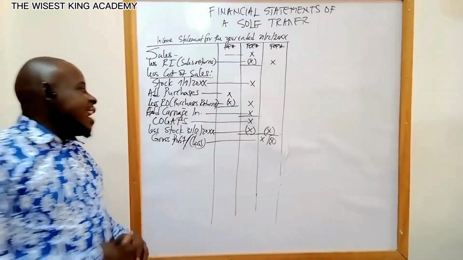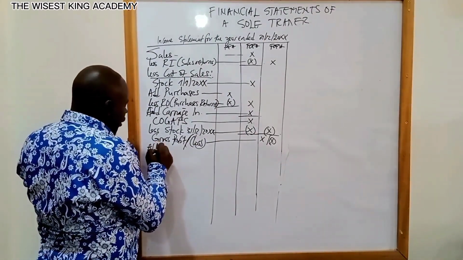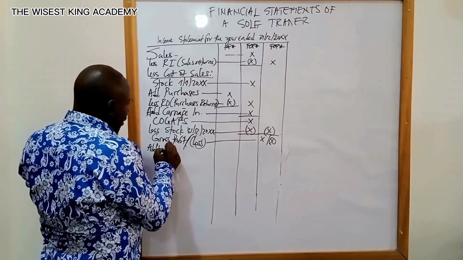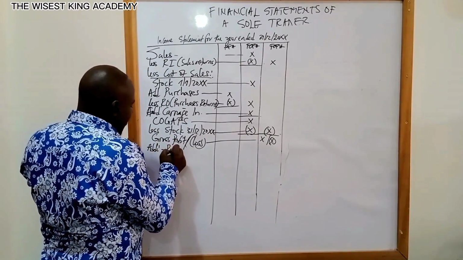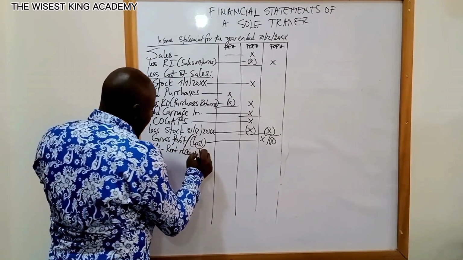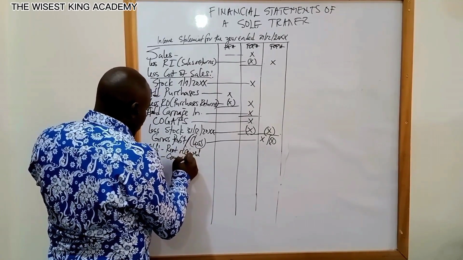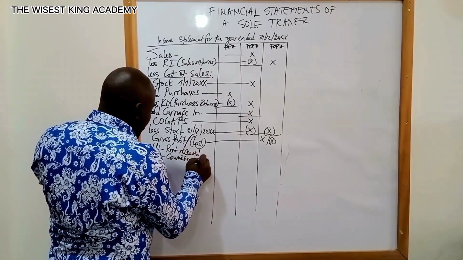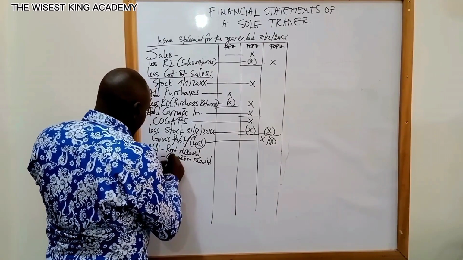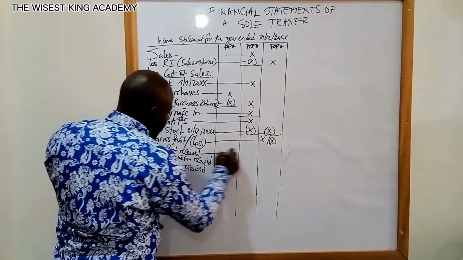Now, if we have other incomes, let's say for example, we need to add them. Rent received, commission received, discount received.